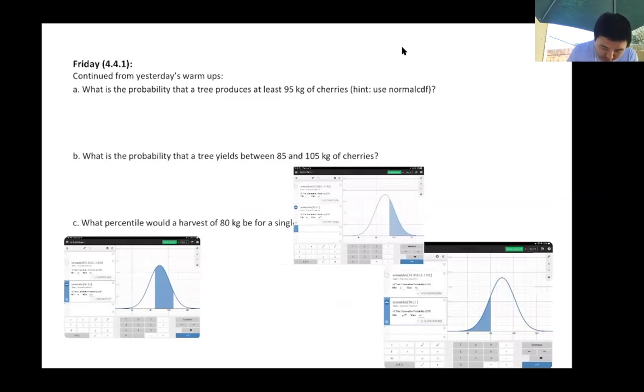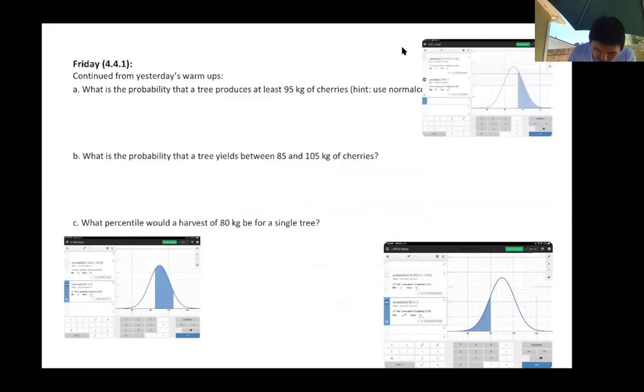So the first one was 0.325 or 32.5%. This one was 59%, and this one was the 18th percentile.